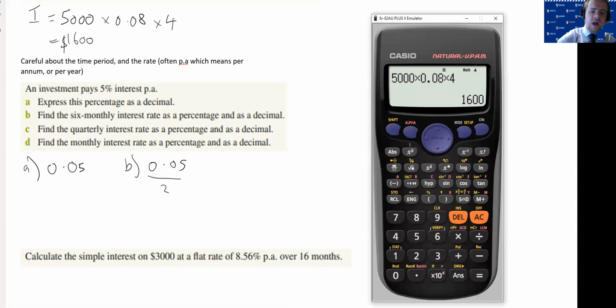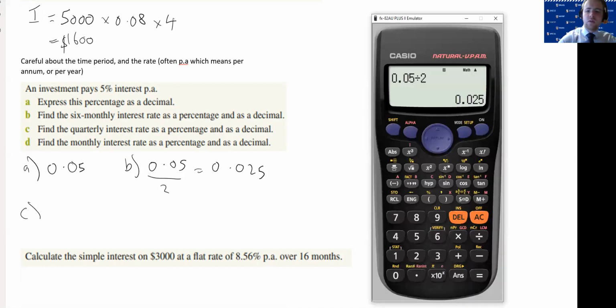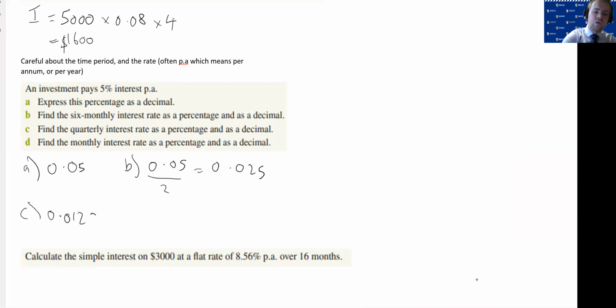So we divide our rate by 2, and you get 0.025. Now, if we want to do it per quarter instead, we're going to divide this by 4 because there are 4 quarters in a year, and we get 0.0125. And then with D, find the monthly.